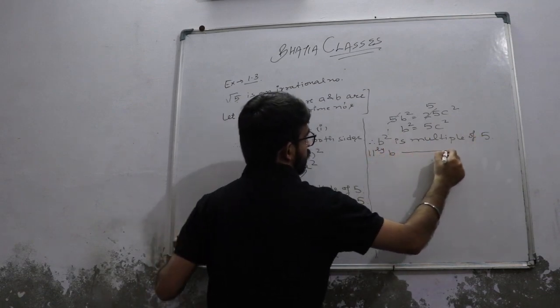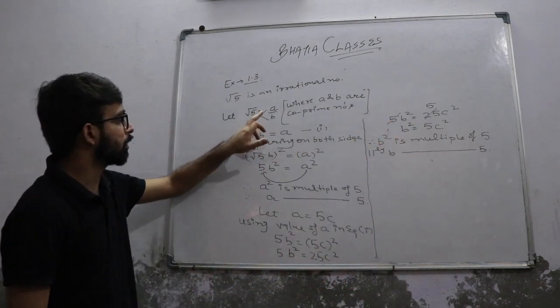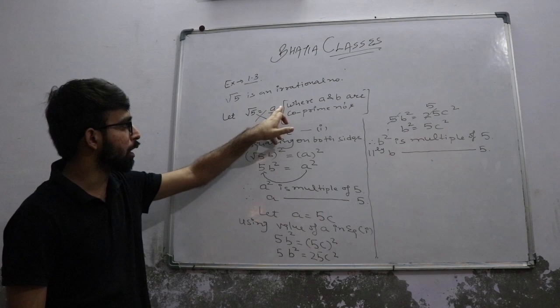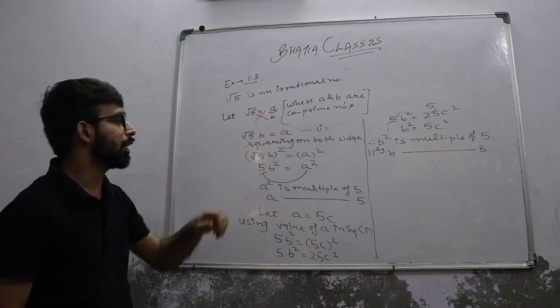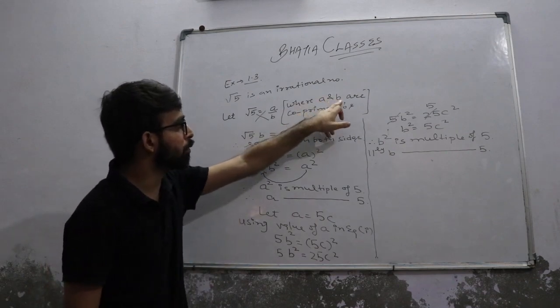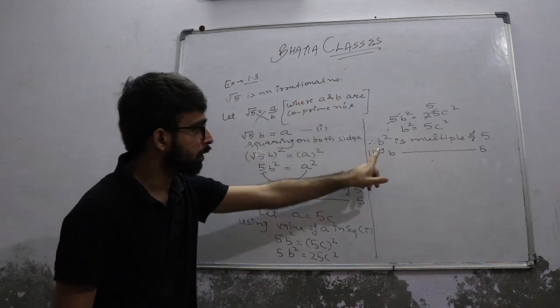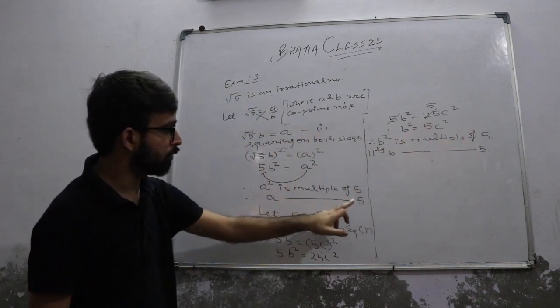Similarly, b is also multiple of 5. We have taken that root 5 is equal to a by b, and this is in the form of a by b, therefore it is a rational number, and we have also let a and b are co-prime. But here you can see b is multiple of 5, a is multiple of 5.